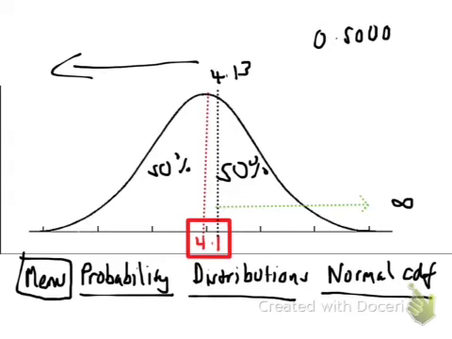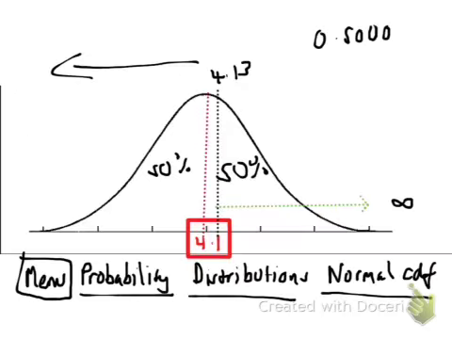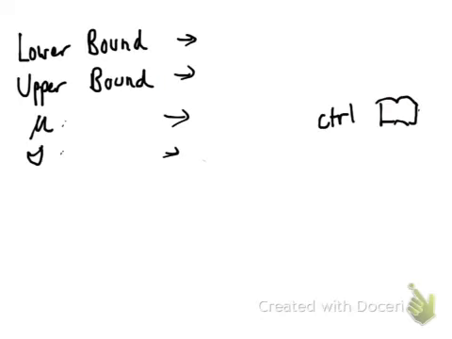Less than 4.13. So our lower bound this time is not a definite number, it's negative infinity. The upper bound will be 4.13, the mean 4.1, standard deviation 0.05.